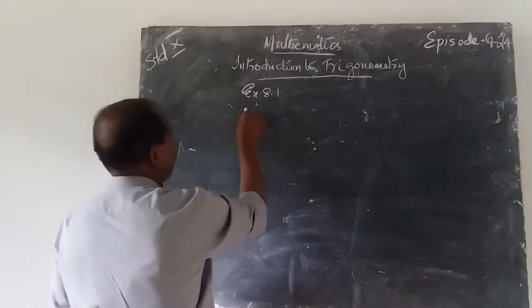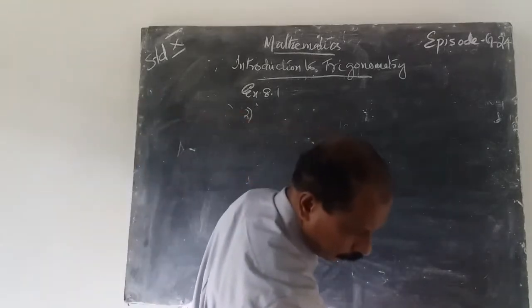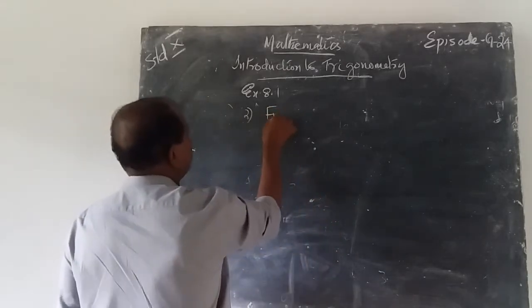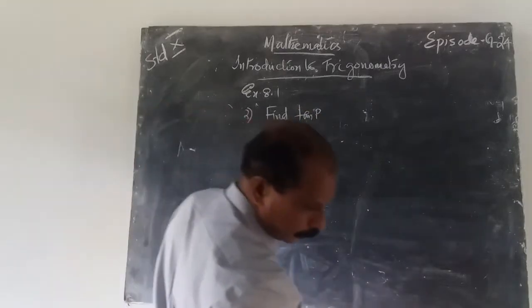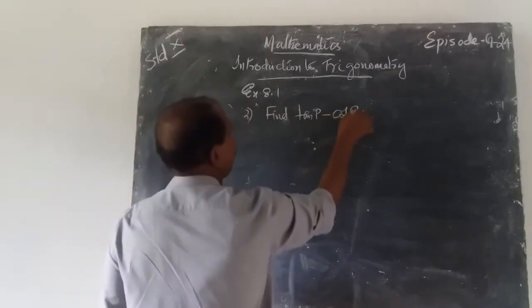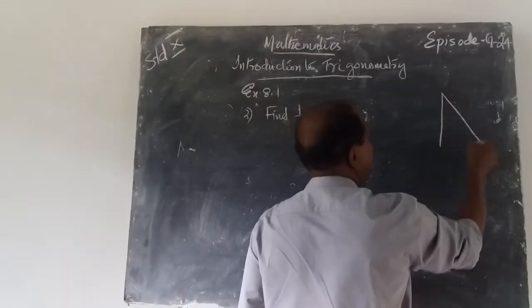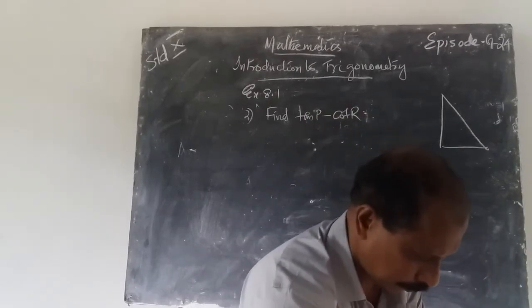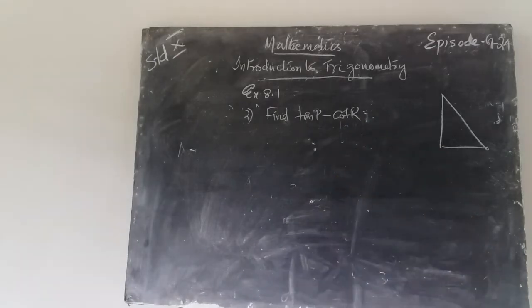Then second question, in the figure find tan P minus cot R. The figure is always given.